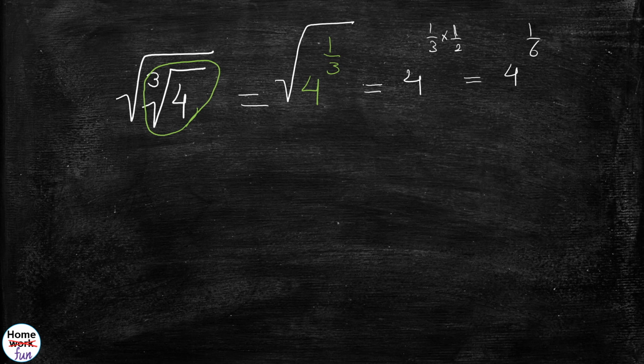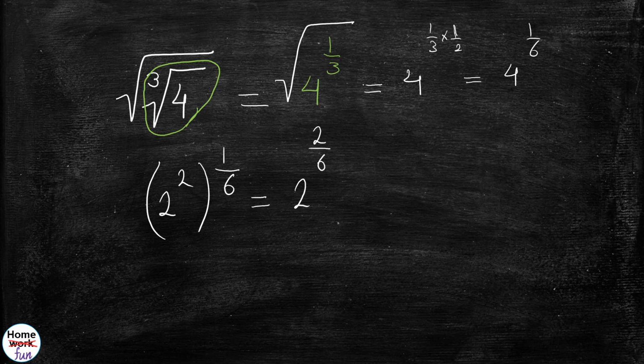Can I simplify that further? Yes, I can. I can say instead of 4, 4 equals 2 to the power of 2, right? And then 2 to the power of 2 is raised to the power of 1 over 6. So again, we can multiply the exponents here. I can say 2 to the power of 2 over 6.